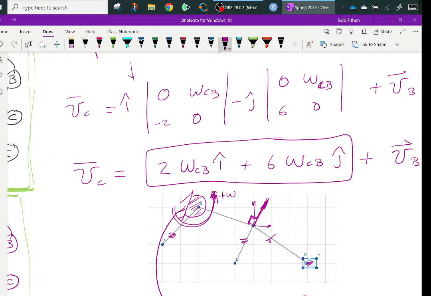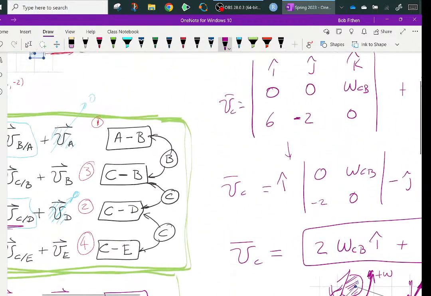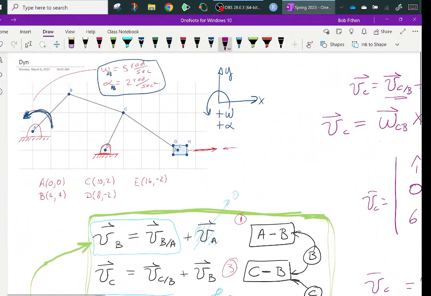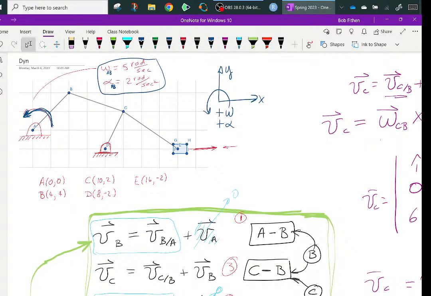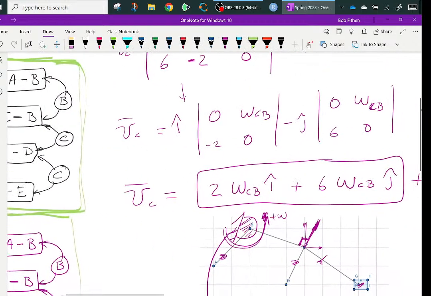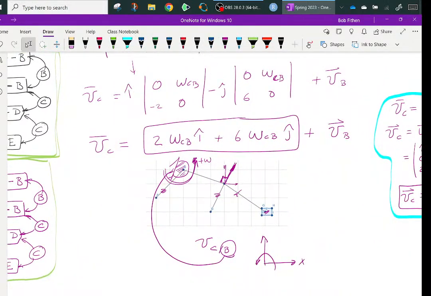So in fact, yeah. And the other question is, did I do that correct? Let me double check. So drawing to B, going to C means I go to the right 6, and yeah, go down 2. I think we're good there.